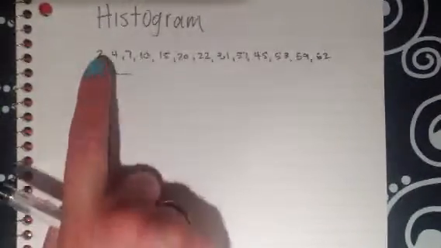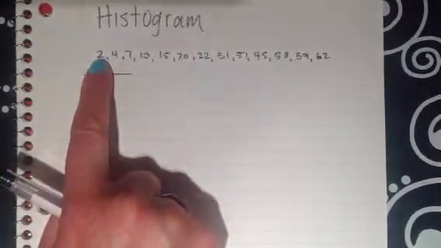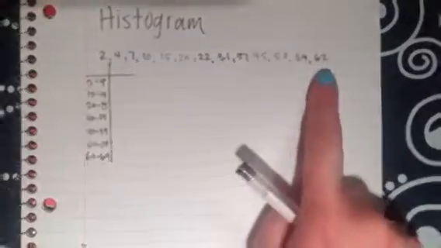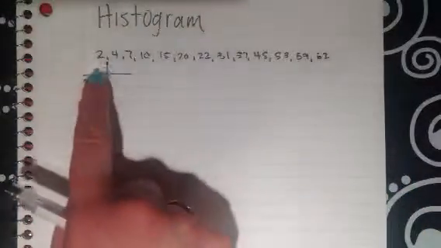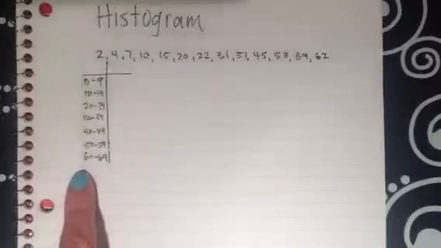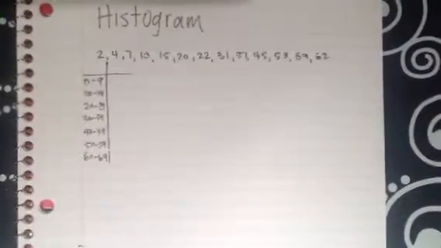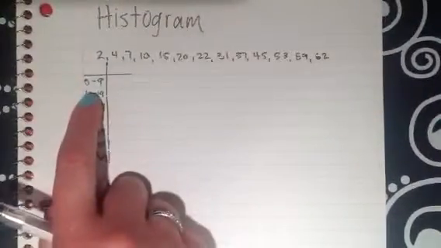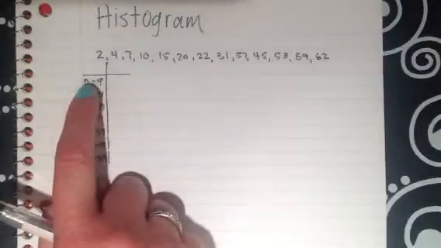I chose intervals of 10 because we started with single-digit numbers and went clear to the 60s, so 10 seemed pretty logical. It seemed manageable. I'm going to go ahead and count how many are in each interval.